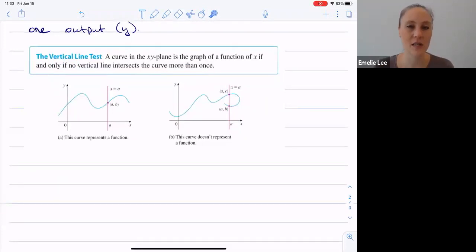Okay, vertical line test, just to see if you have a function, means that you have to have a graph. You can definitely take an expression or an equation and graph it in Desmos and then do the vertical line test.